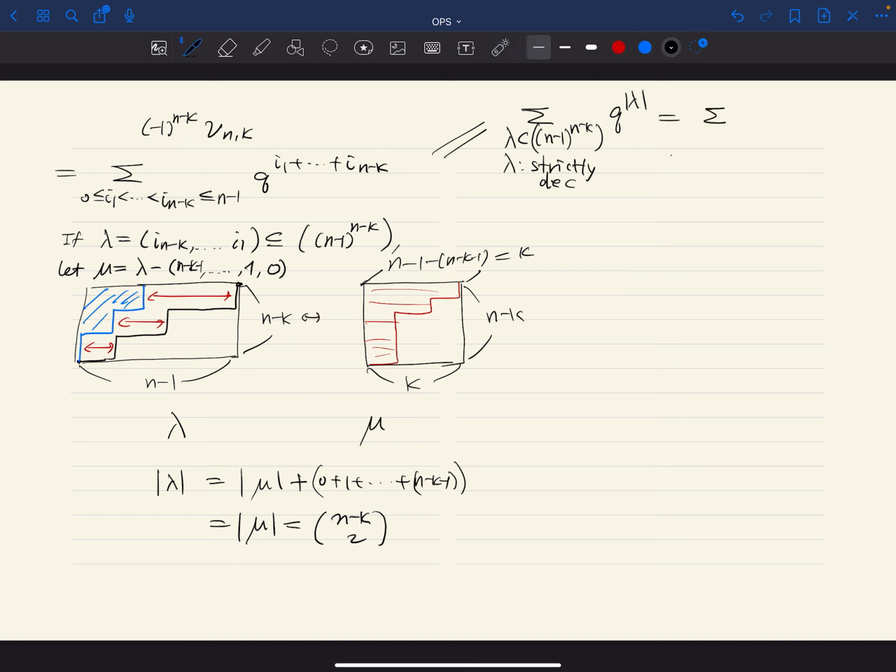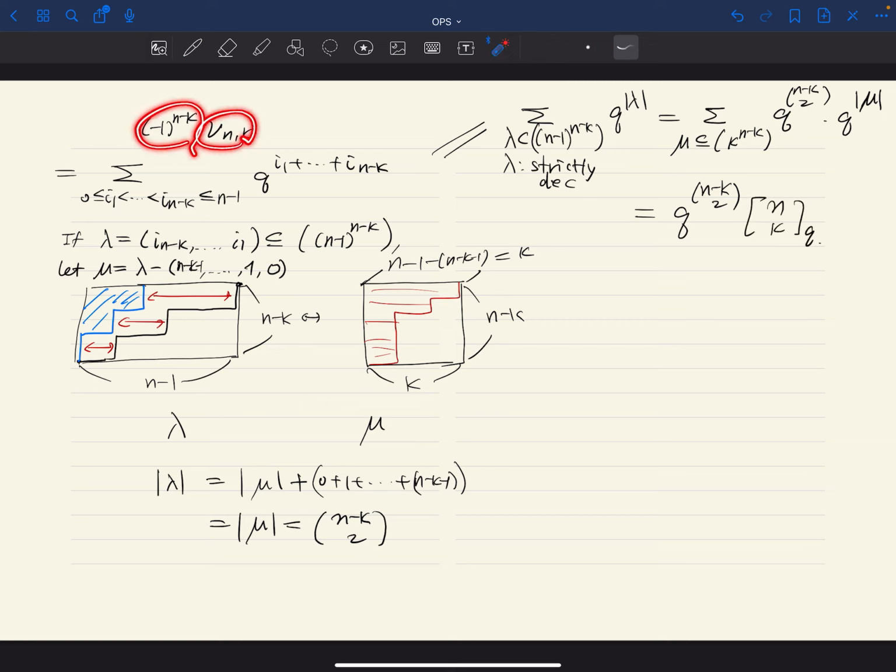This is the sum over all mu contained in k to the n minus k of q to the n minus k choose 2 times q to the size of mu, like that. This is q to the, and this is a constant, and choose k. And that's why this is equal to this times this. So that's the proof.